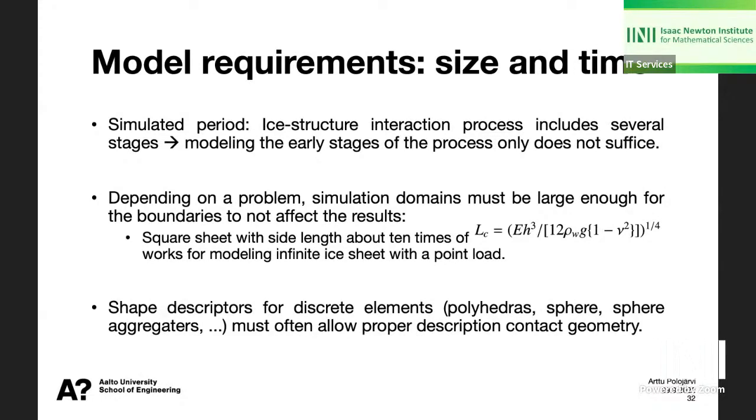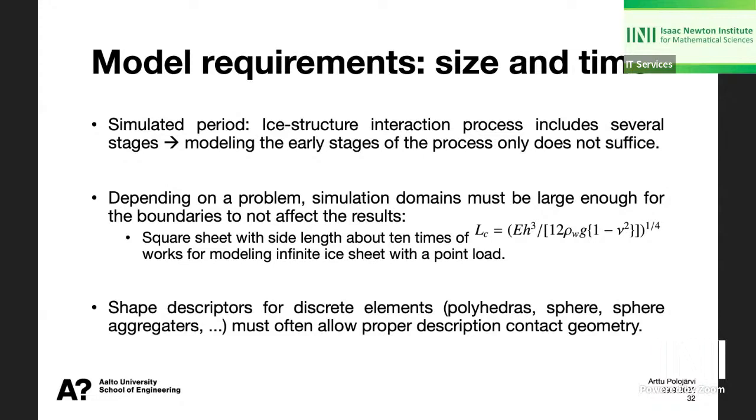So where this all leads to, the requirements for the simulated period, the model size, and using certain kinds of shape descriptors for your discrete elements, is that you need to be able to build your tools quite fast, or you need to be able to parallelize them. That's what we ended up doing, so everything that we are running is basically parallel.